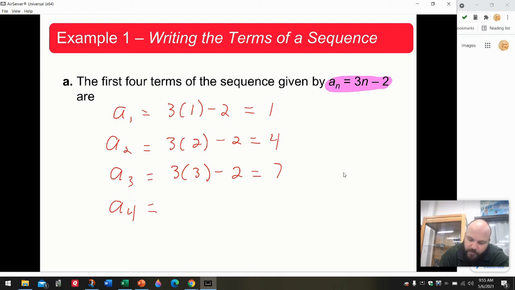And then the last one, for the fourth term, we're going to stick the number 4 in for n. 3 times 4 minus 2, which would give me 10. So you can see the numbers in our sequence would be 1, 4, 7, and 10. And this sequence would go on forever. So this is an infinite sequence.